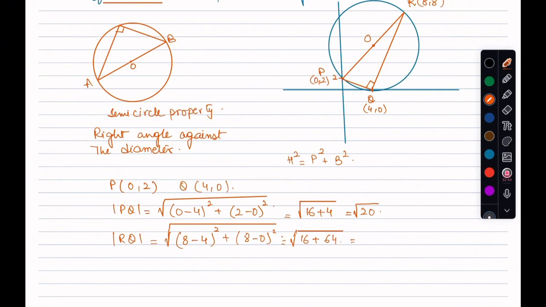That should be equal to the square root of 80.